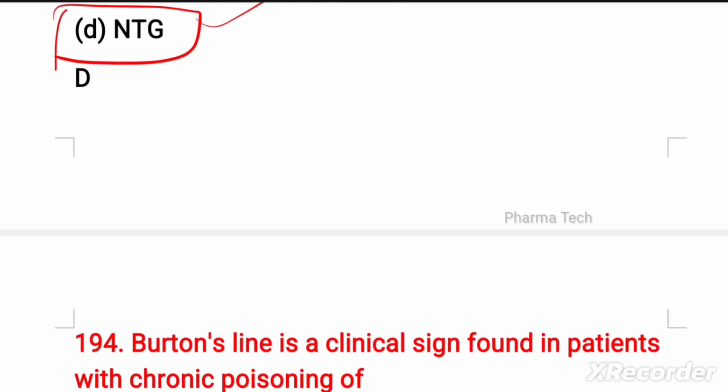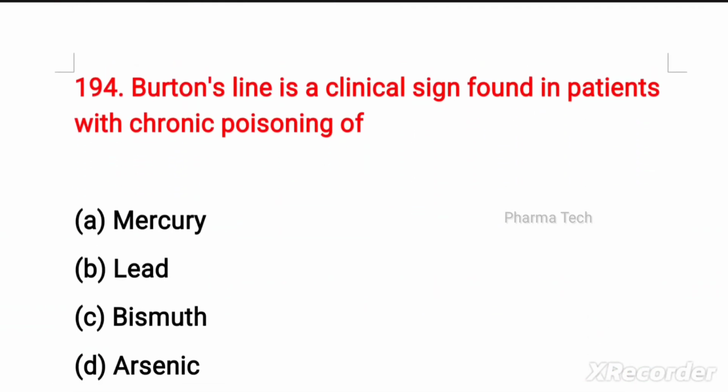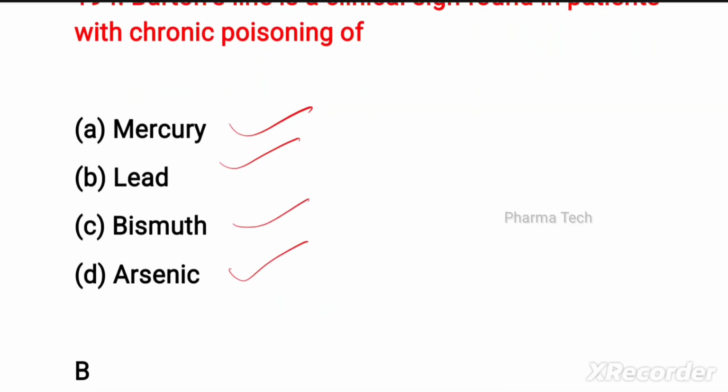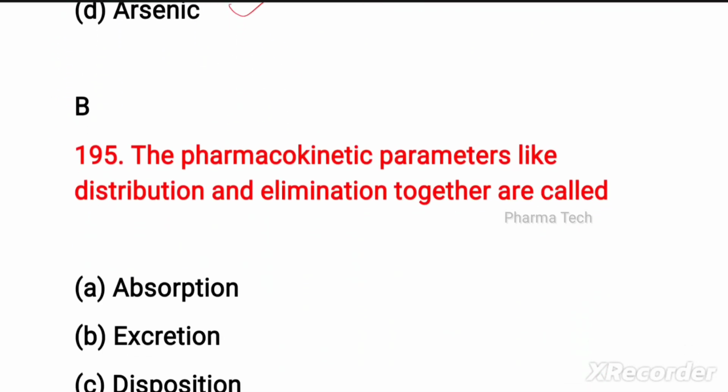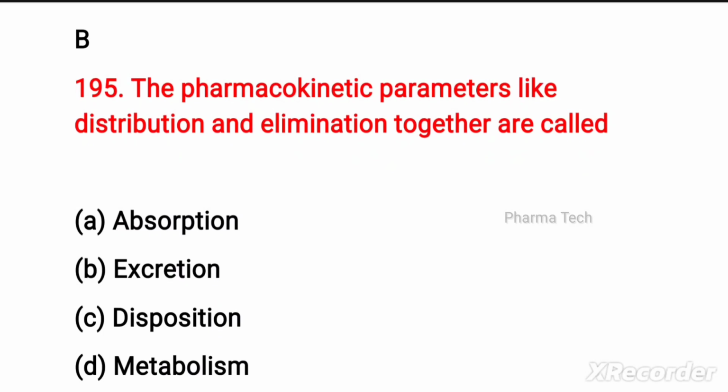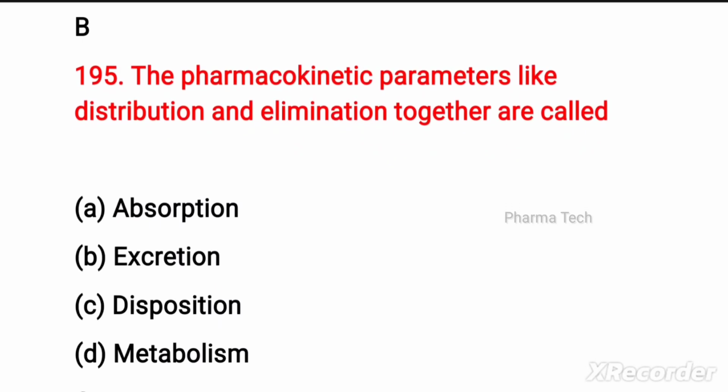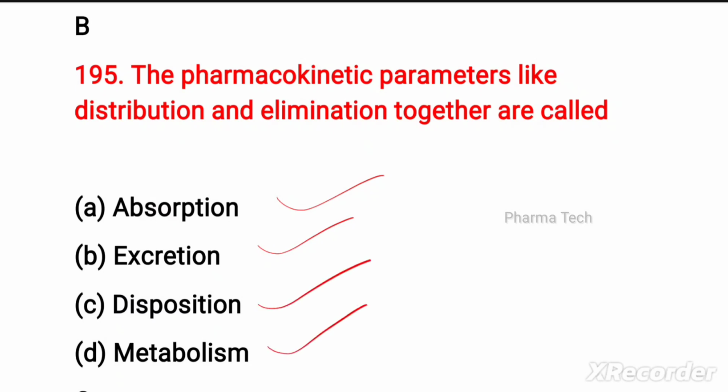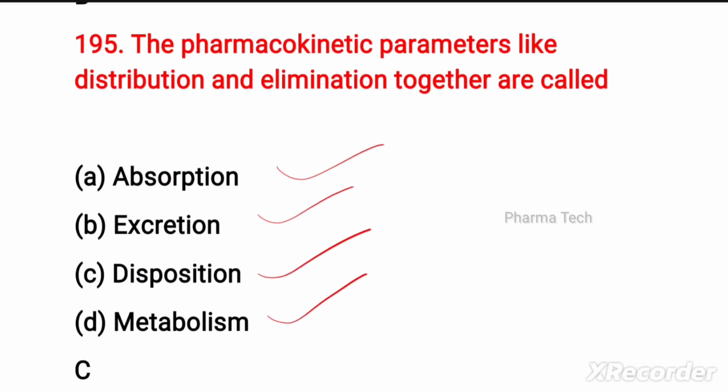Next question, Burton's line is a clinical sign found in patients with chronic poisoning of, options are mercury, lead, bismuth, arsenic. Answer is B, lead. Next question, the pharmacokinetic parameters like distribution and elimination together are called, options are absorption, excretion, disposition, metabolism. Answer is C, disposition.